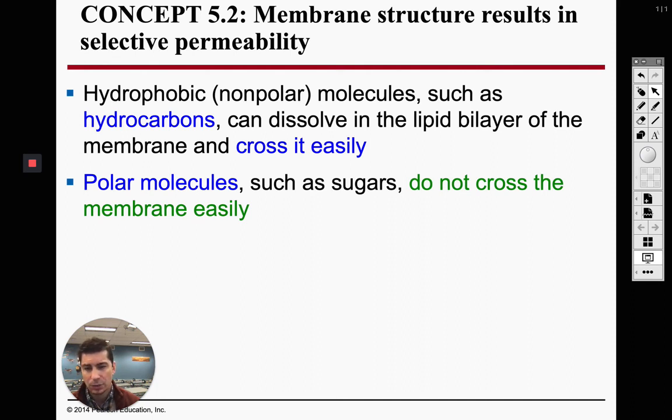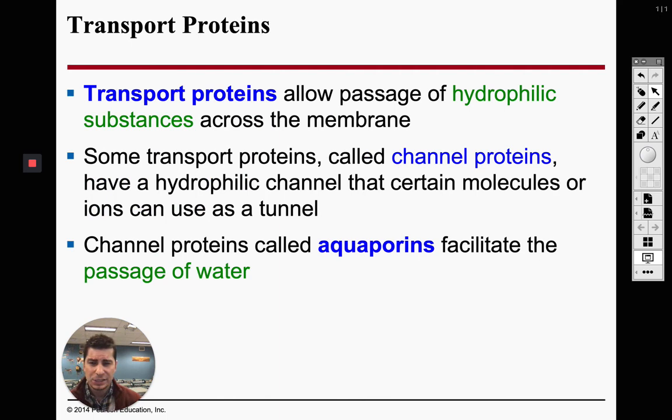So polar molecules like sugar, water, anything that pretty much dissolves in water, are not going to be able to go right through our phospholipids. This is when we are going to bring in our transport proteins to allow these polar, hydrophilic substances into or out of the cell.